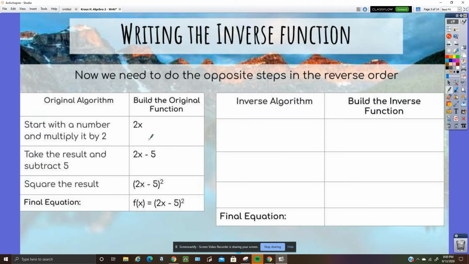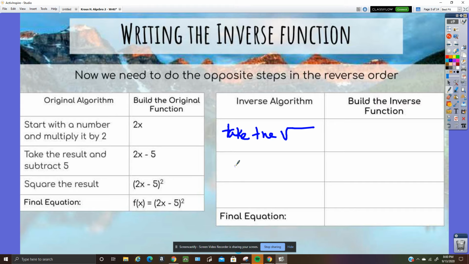All right, and here's the answer key to that. So the inverse algorithm would be: take the square root. I'm going to just abbreviate it like that.